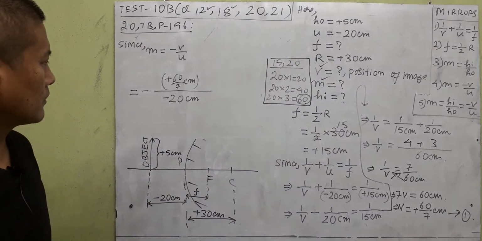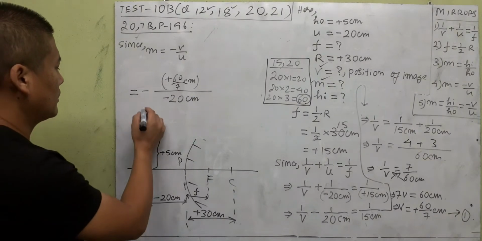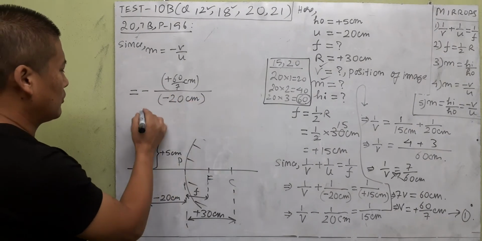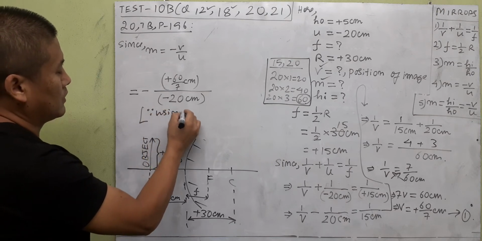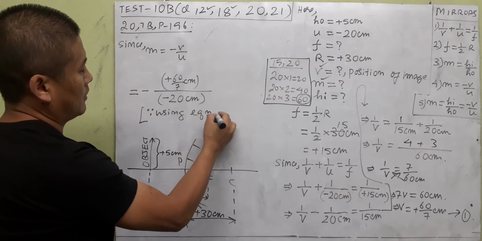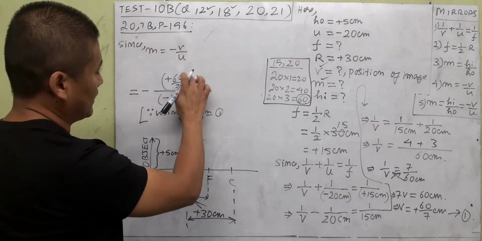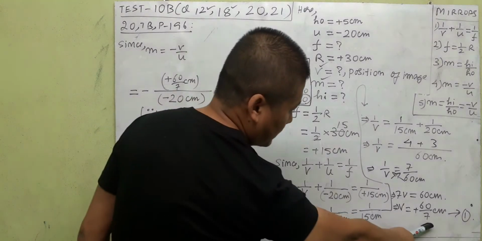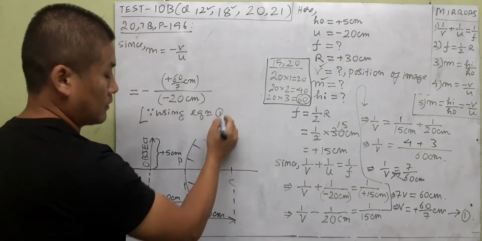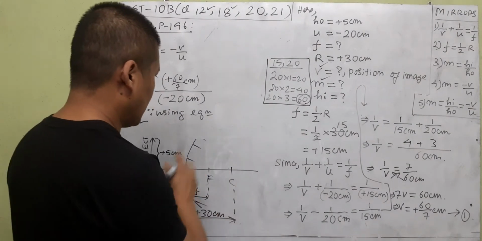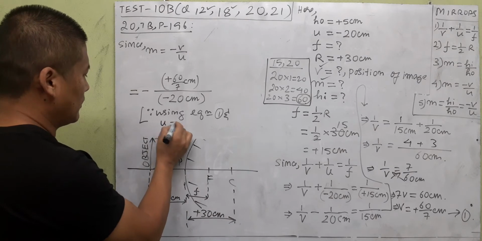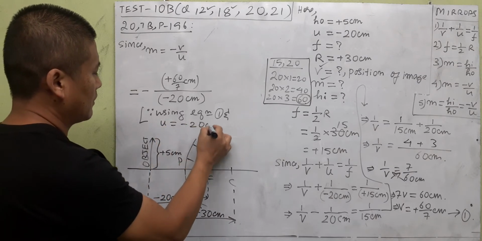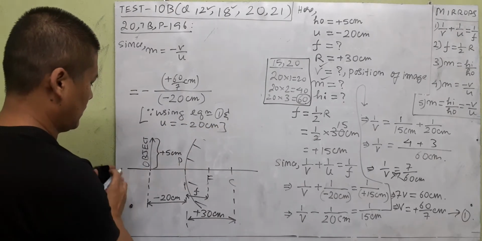If you don't put bracket also it's fine, but if you want you can put, using equation 1 to replace this value V equal to this one, and then knowing that U equal to minus 20 centimeter.